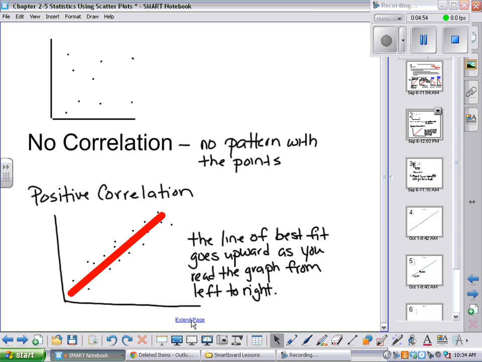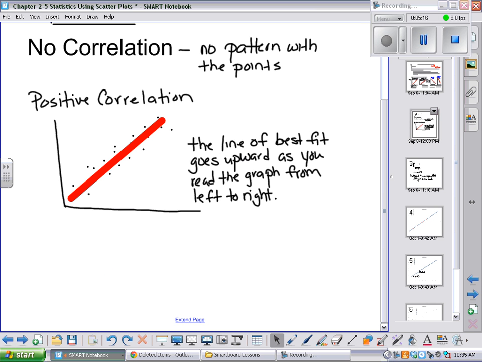So the idea with a positive correlation is that the independent variable and the dependent variable are both increasing. If the x increases, then the y is going to increase. All right, so that's what a positive correlation is.